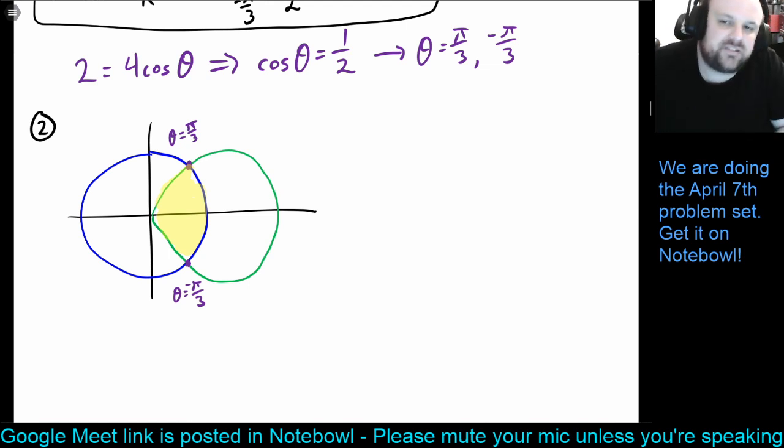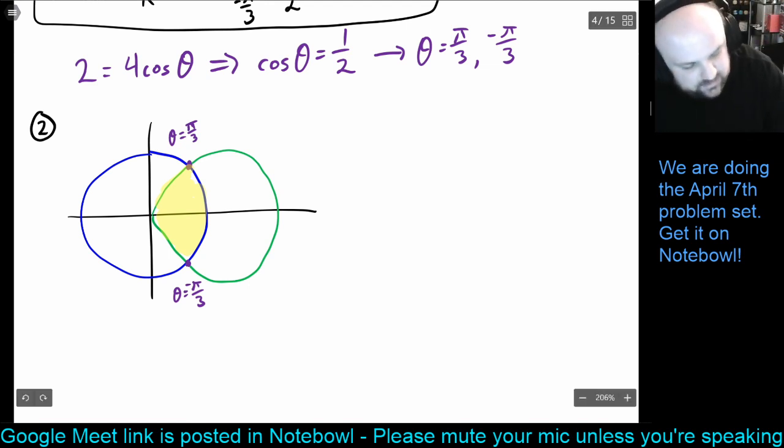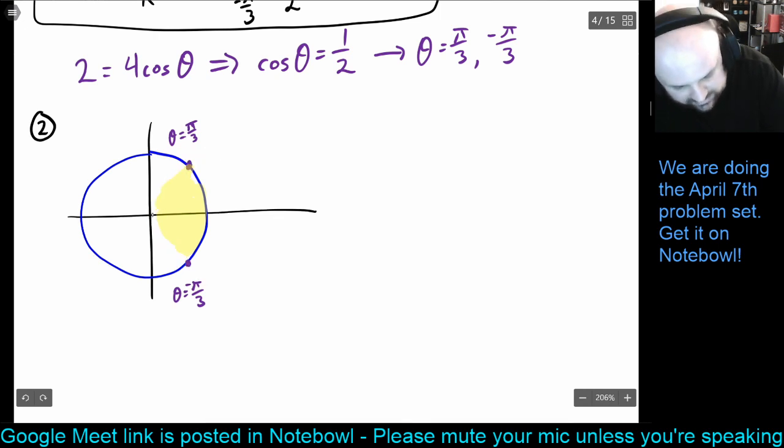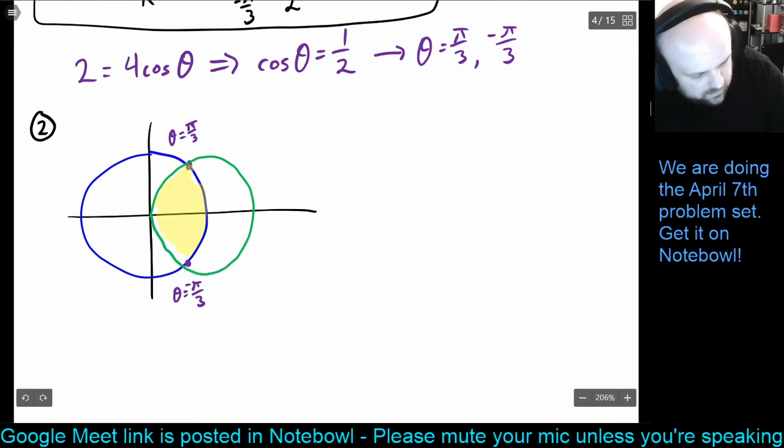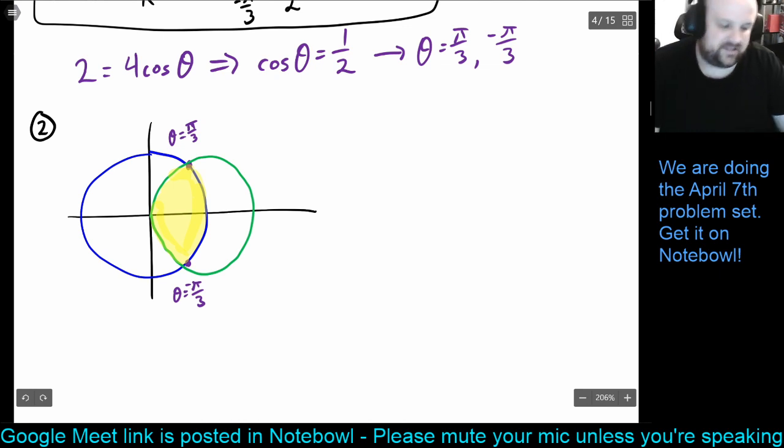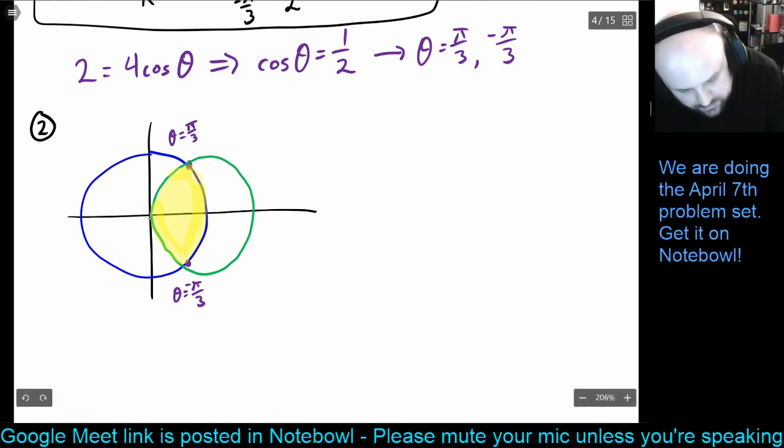Now, this one actually is a little more interesting. Let me draw these purple lines here.